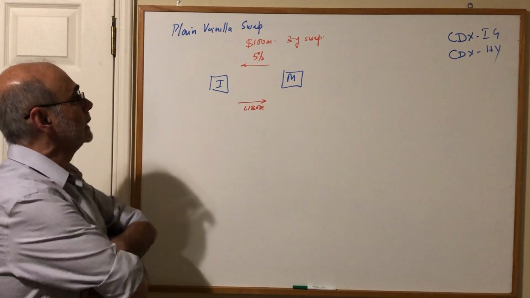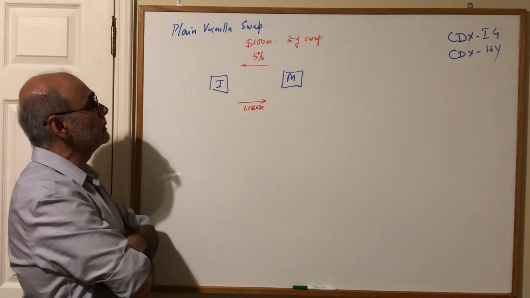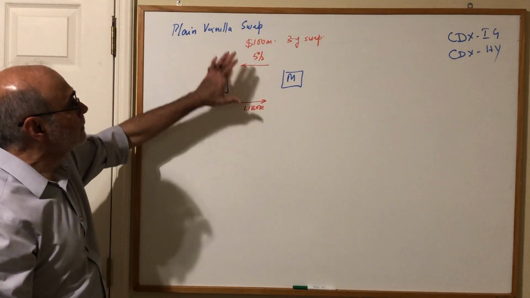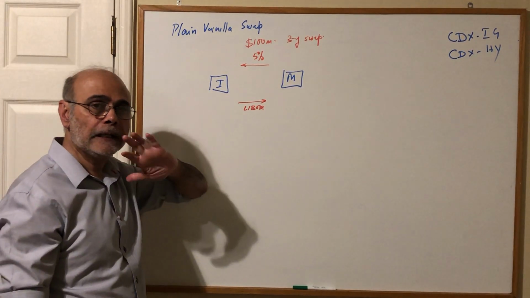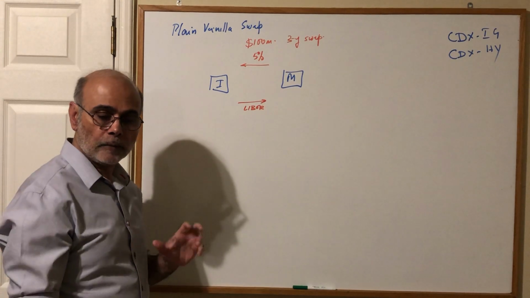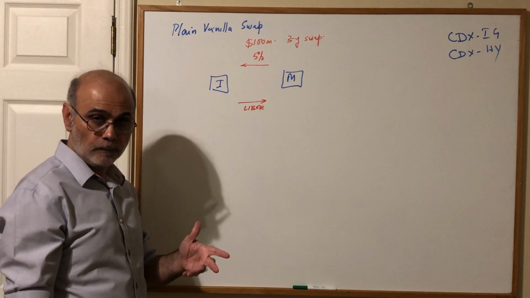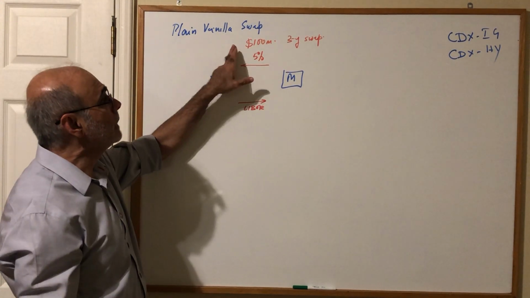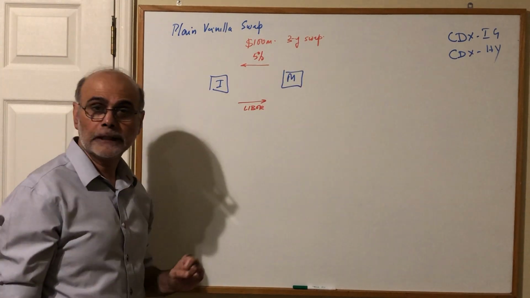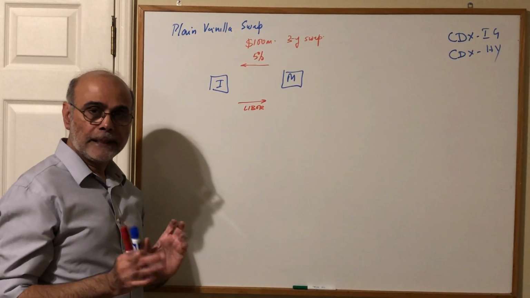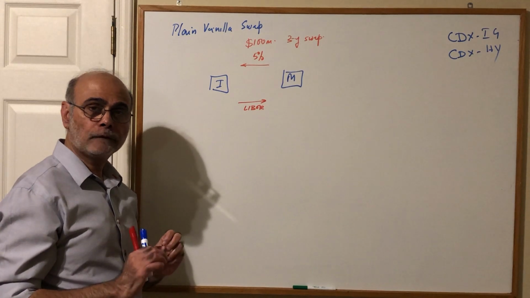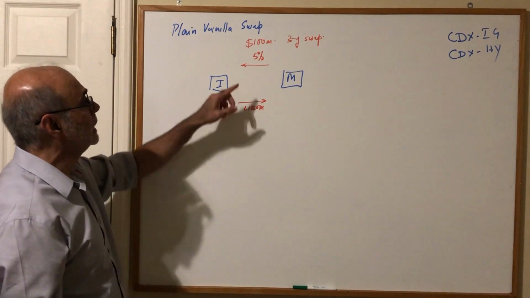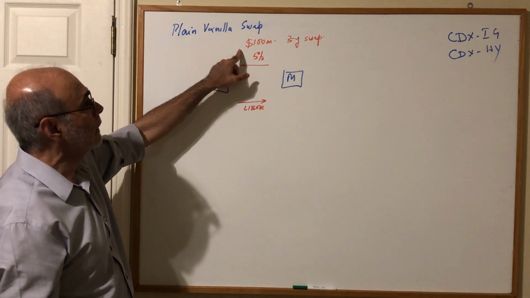So all the details about the swap are defined in red. They characterize the terms of the swap. Look at it, this is pretty much like a bond. When we talk about a bond, we give it the par value, the coupon rate, and the maturity. That will give you some idea of how the cash flows from the swap are swapped. So the terms of the swap are as follows.